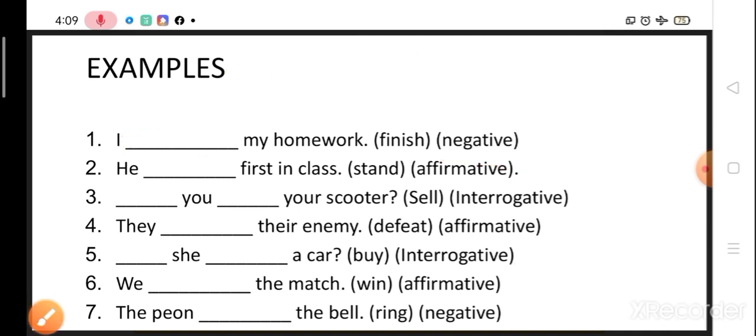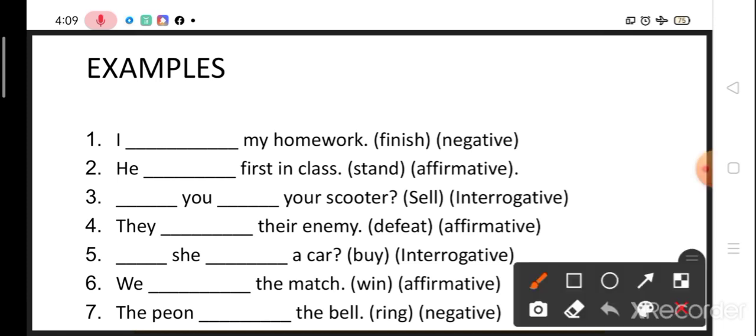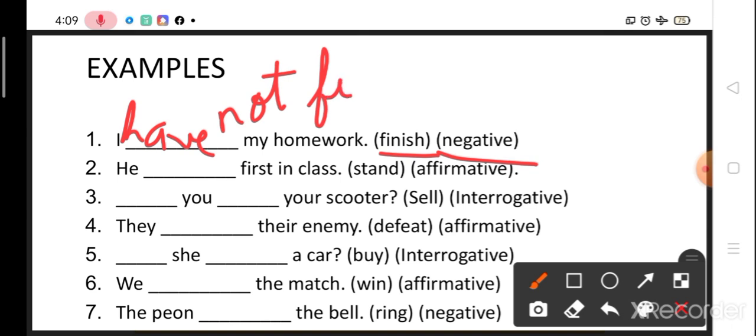Yes. I have, negative sentence. So not, and then ed form, the past participle of the verb finish is finished. So it is I have not finished my homework.